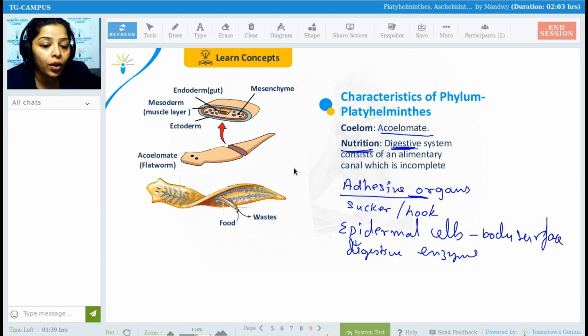And from this sucker and hook only, the waste material will come out.